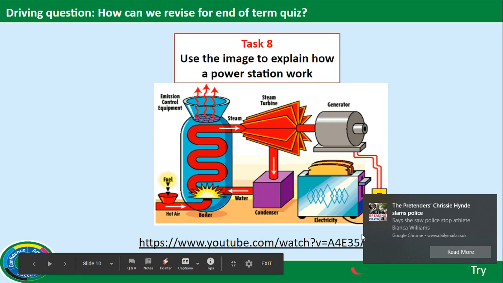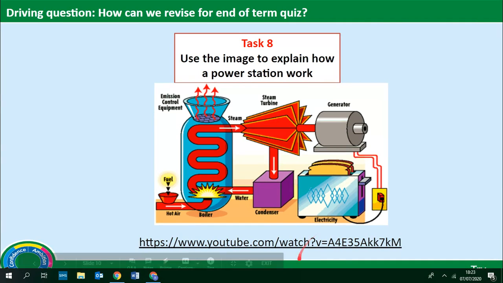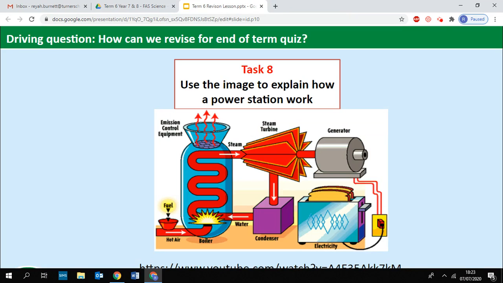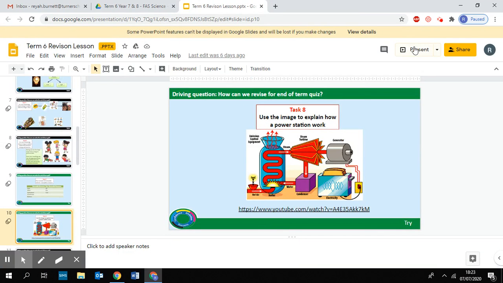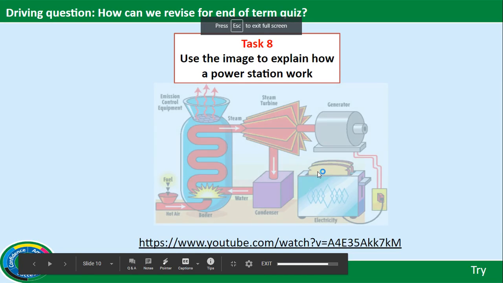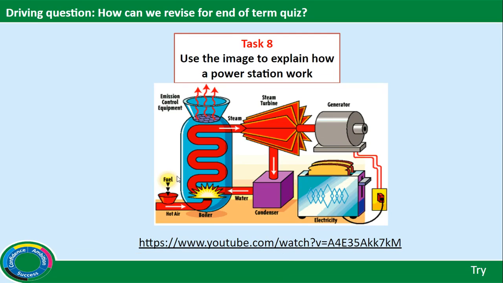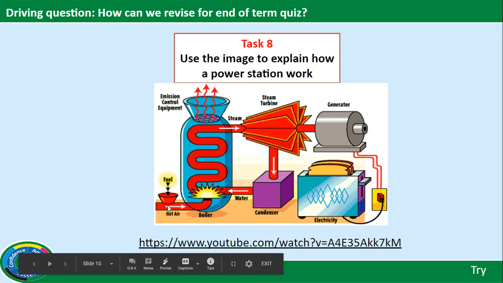Right. So as you can see here, what you could have said is that you've got the boiler, you've got fuel, for example coal, which is a non-renewable resource.